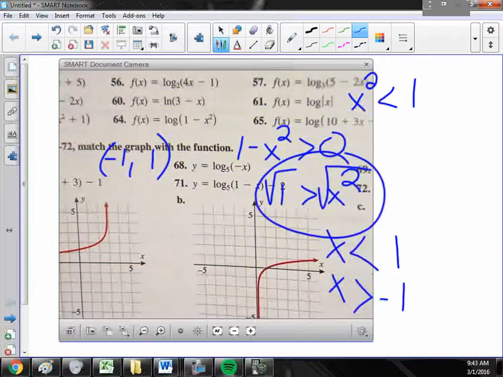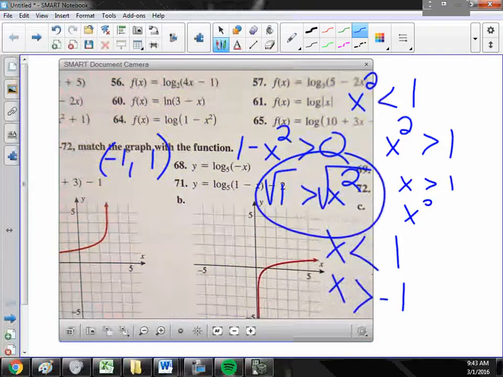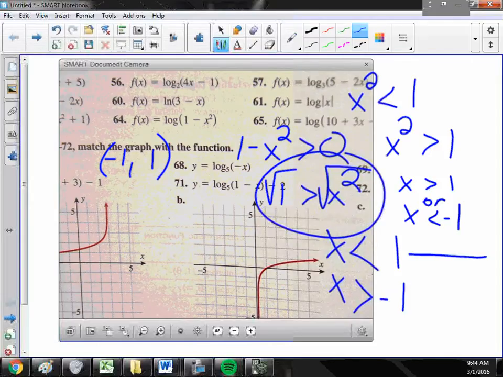If it would have been the other way around, x squared is greater than 1, greater than symbols, when you have two answers, are OR equations. So this would be x is greater than 1 or x is less than negative 1, in which case your answers look like this.